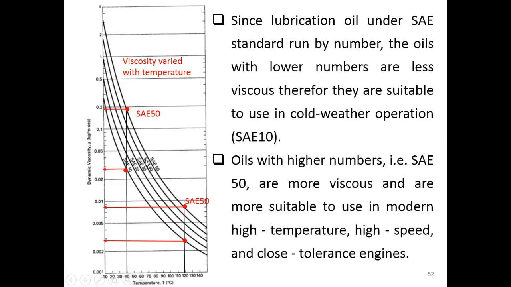The small number means less viscosity. You can see SAE with a small number will always have less viscosity. For example, SAE 10. Oil with a small number is normally suited for cold weather operations, in order for the viscosity not to go too high at low temperatures.